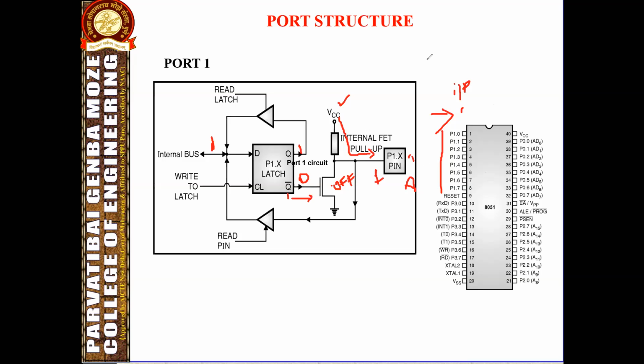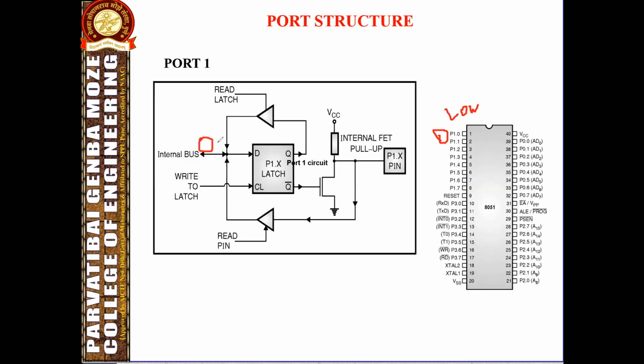So let's see how the read operation takes place here. For a read operation, we have to configure these pins to a low signal, or we have to feed a 0 signal. When we have connected all these pins to 0, then these pins act for read operations. It will start reading or fetching the information. So how can we trigger these pins as low? Through the internal bus, we are providing a low signal here.